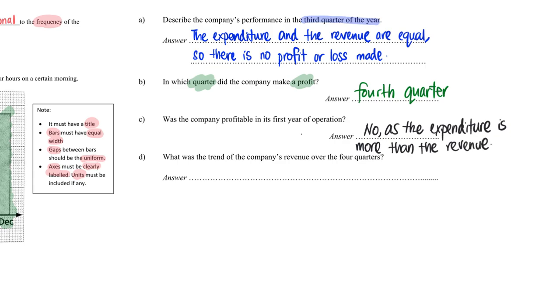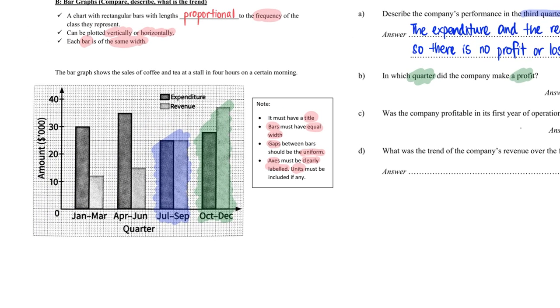So what was the trend of the company's revenue over the 4 quarters? So since we are talking about the trend, let's go back to here. You can start to see that the revenue. So we just focus on the revenue in this case. Revenue.